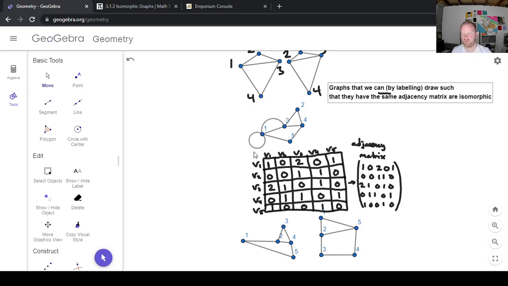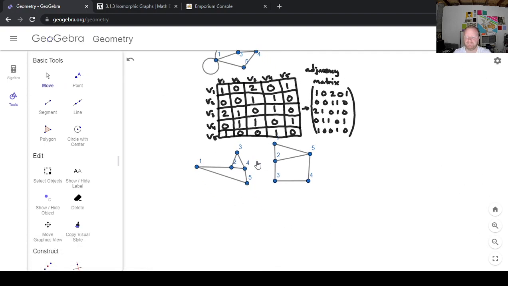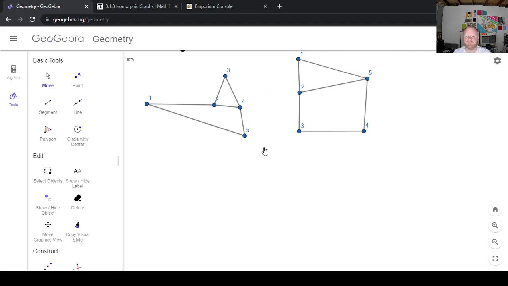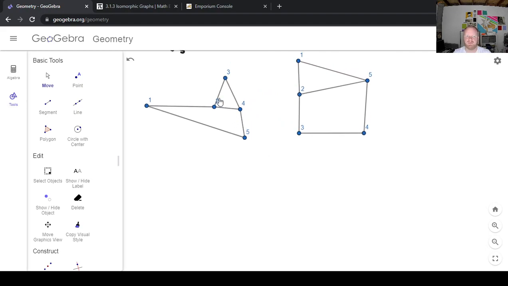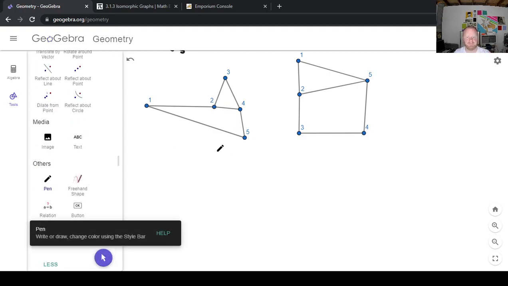If you want to prove that two graphs are isomorphic to each other, you're going to have to do a little bit of experimentation. So here's an example of two graphs and we want to figure out if these graphs are isomorphic or not.